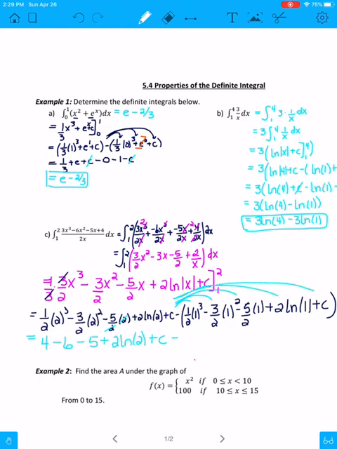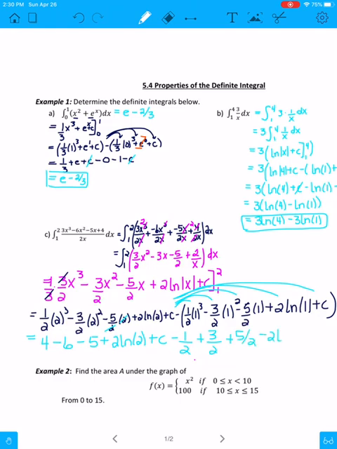So 1 cubed times 1/2 is 1/2. So I'm going to get minus 1/2. 1 squared times negative 3 over 2 is negative 3 over 2, but I'm going to multiply by negative 1, so I'm going to get positive 3 over 2. Negative 5 over 2 times 1 is negative 5 over 2, but I have to multiply it by negative 1, so I'm going to get positive 5 over 2.